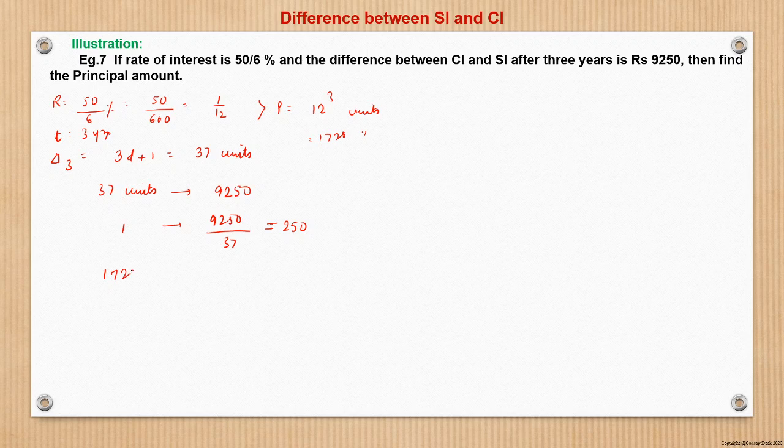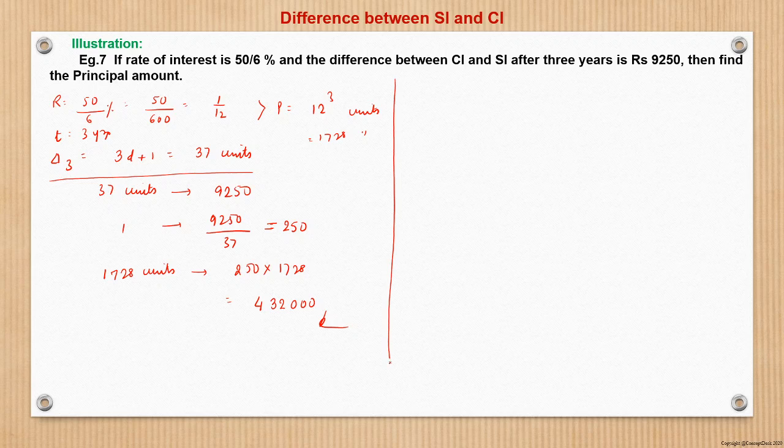So 1728 units will denote 250 into 1728, which is 4 lakh 32,000. I just simply multiply 1728 by 4, so I can get this 000 answer. So this is using the formula which we saw in the previous question.